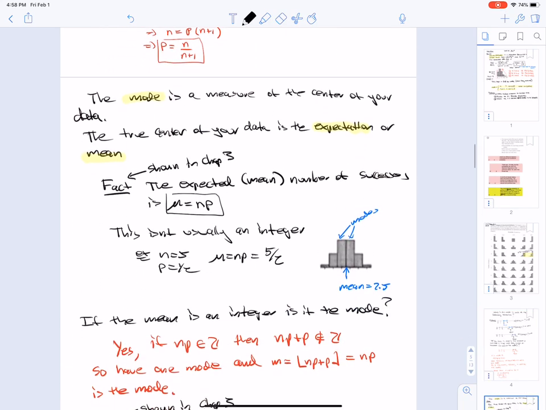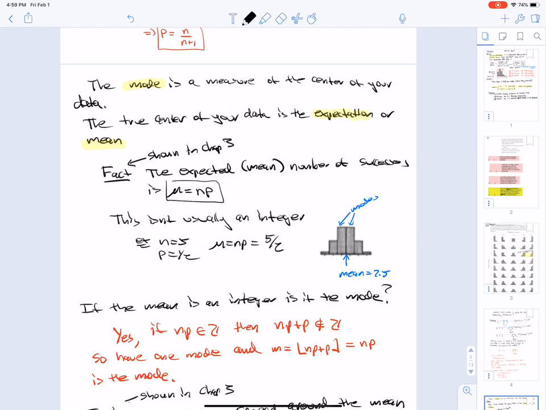Now the mode is a measure of the center of your data. The true center of your data is the expectation, or the mean. We'll show in chapter 3 that the mean has the formula np. This isn't usually an integer. So for example, here's the histogram for the binomial 5, 1/2. This has two modes and the mean is right in between.